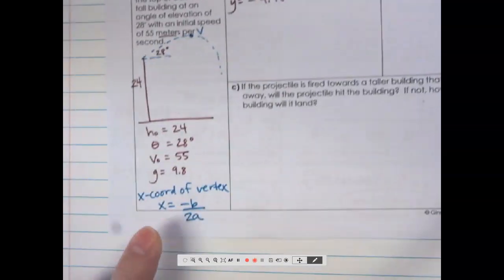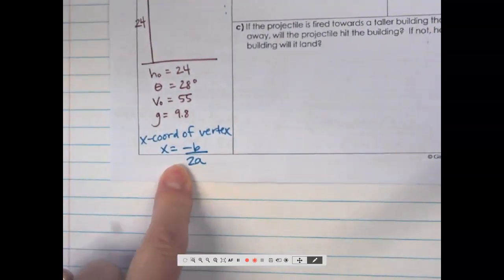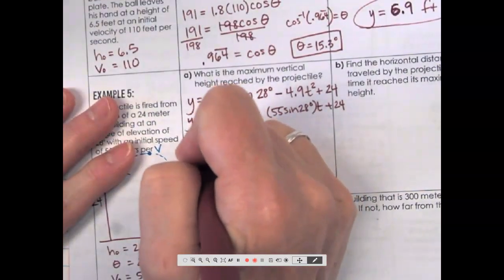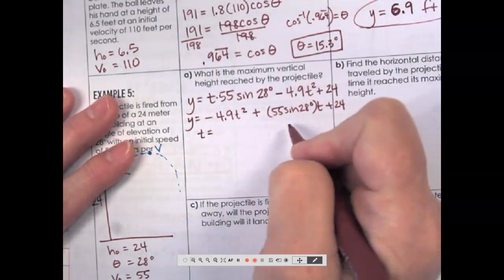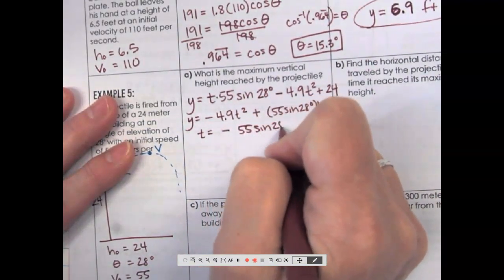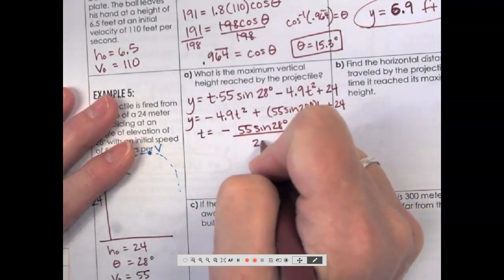So I'm going to use that little shortcut to figure out the x-coordinate, negative b over 2a. So that's really my t value instead of x. So negative b over 2a.